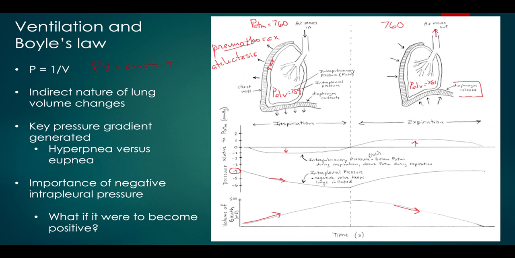Pneumothorax is a specific version of that caused by air in that space. Okay, so there's Boyle's law and ventilation. So what I want to do now is talk a little bit about eupnea and hyperpnea and the muscles that drive these inspiratory and expiratory cycles.